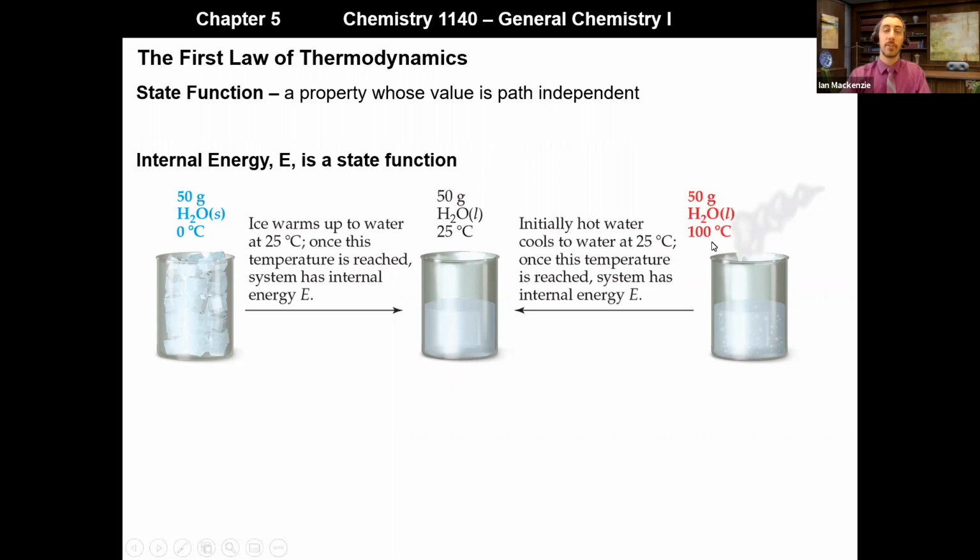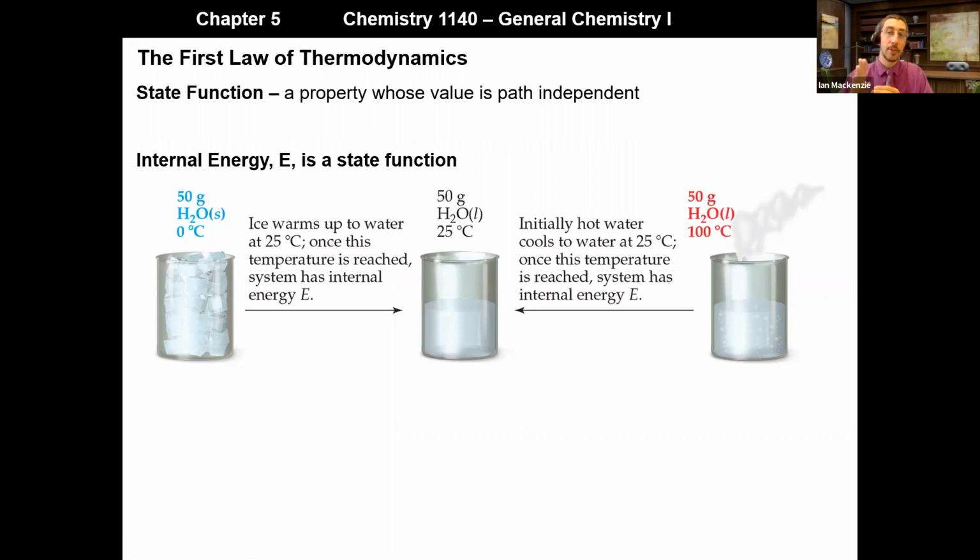The energy of 50 grams of water at 25 degrees Celsius is a certain value. Now let's say that I started out alternatively with 50 grams of boiling hot water, and I just let that cool down all the way down to 25 degrees Celsius. So I start out at 100 degrees Celsius, and then it finally cools down to be 50 grams of water at 25 degrees Celsius.